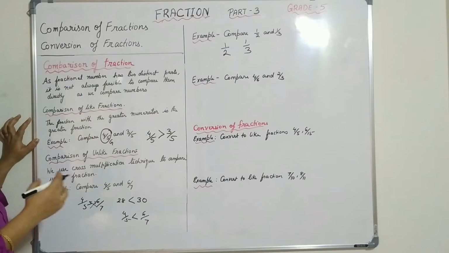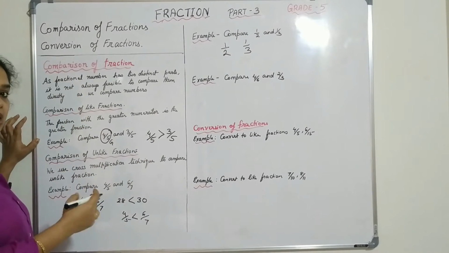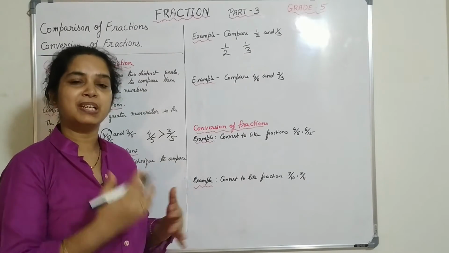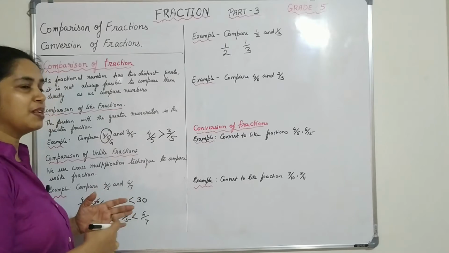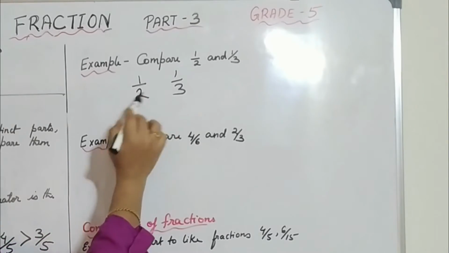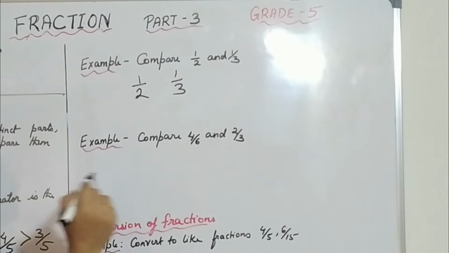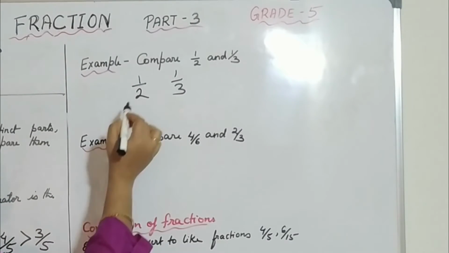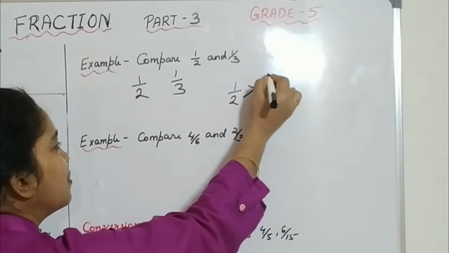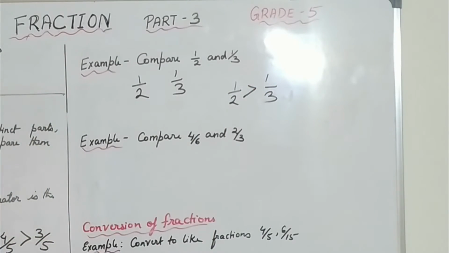If the denominator was the same, we would compare the numerators and search for the bigger number. But in this case, when the numerator is the same and the denominator is different, you have to see which one is the smaller number. So 2 is less, so 1 by 2 is greater than 1 by 3.